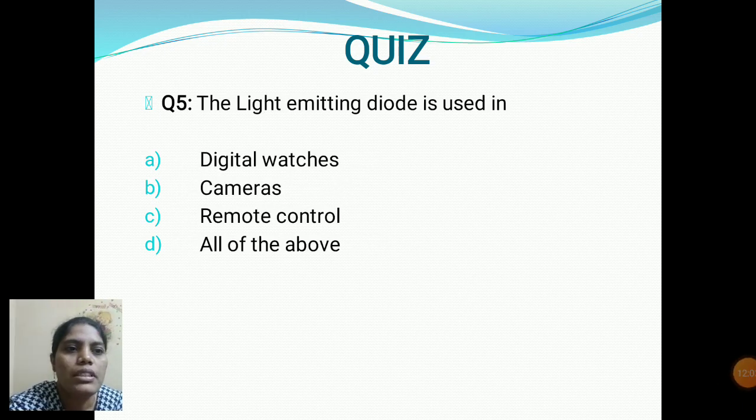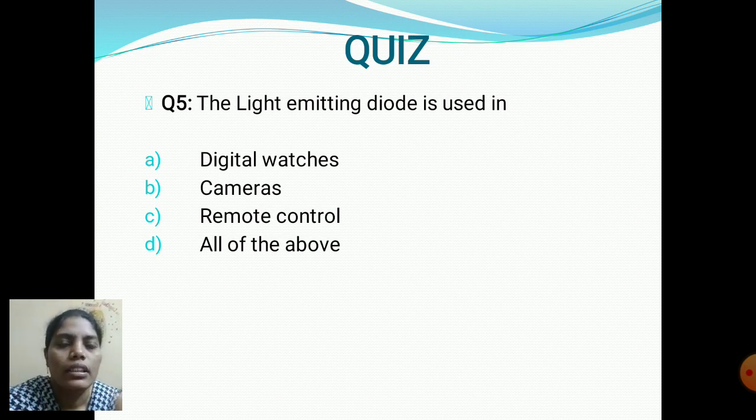The light emitting diode is used in digital watches, cameras, remote control, or all of the above. We have seen this point in applications of LED. They are used in digital watches, cameras, and also in remote control. So the answer for this question is all of the above.